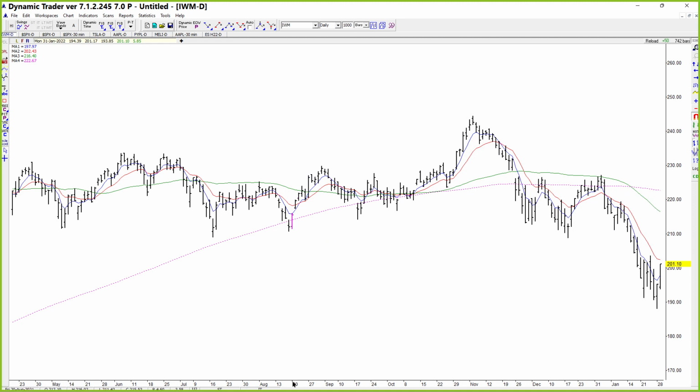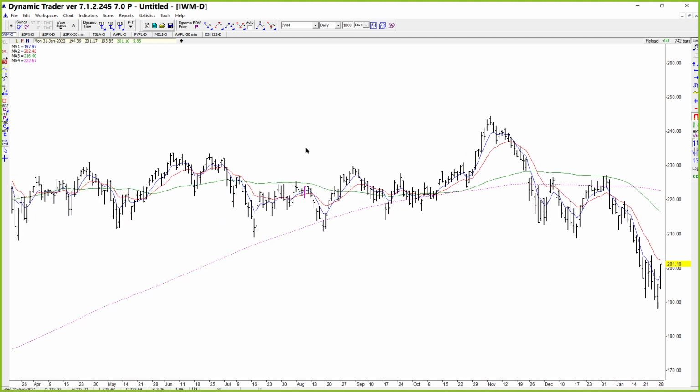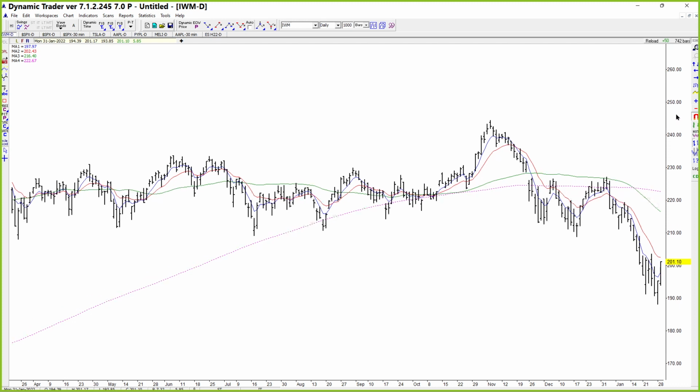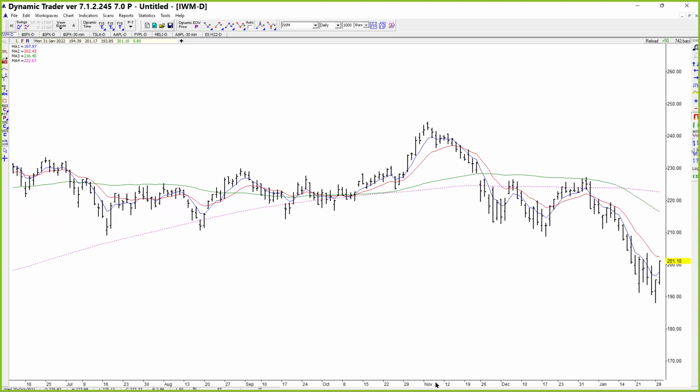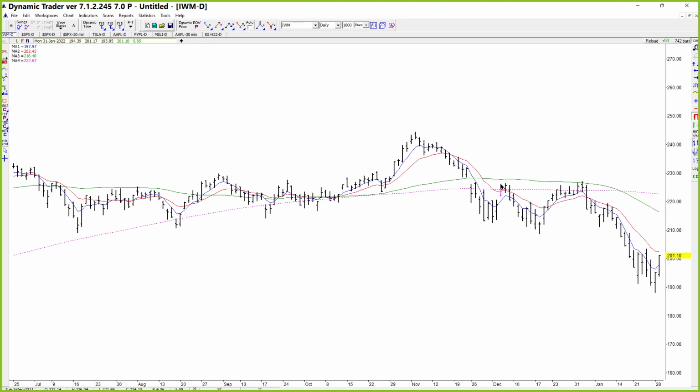Now the most ideal time for a trade would be when all of the moving averages are on the right side. So for example, in this case, price is underneath the 200 simple, underneath the 50 simple, and the 513 EMA combo is in a sell mode with the 5 below the 13.